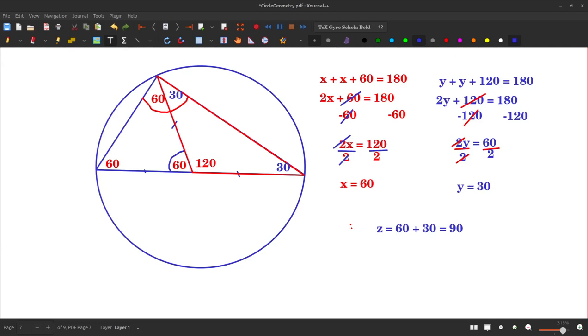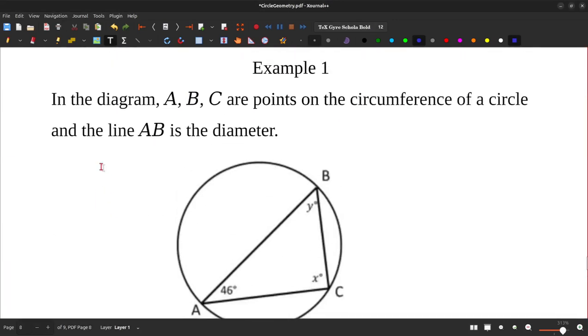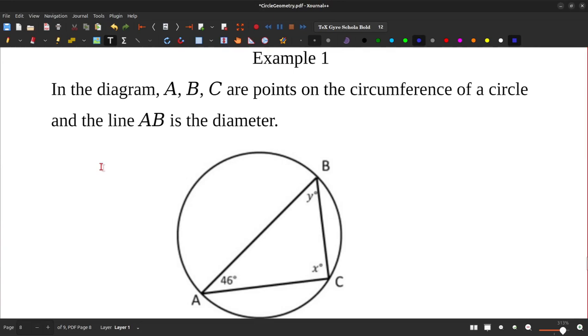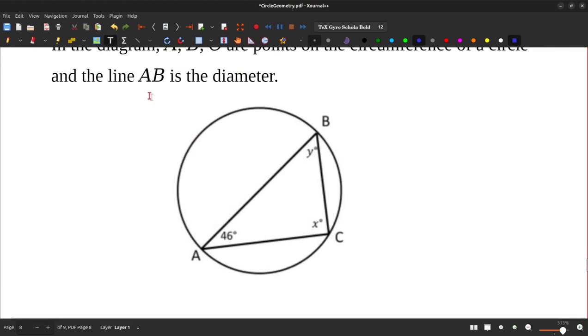Now let's take 2 examples so that we can conceptualize this concept even more. First example. In the diagram, A, B, C are points on the circumference of a circle, and the line AB is the diameter. Find the values of x and y.